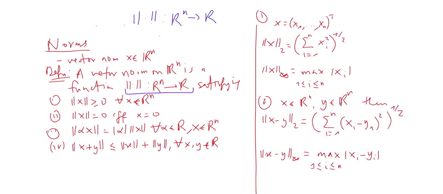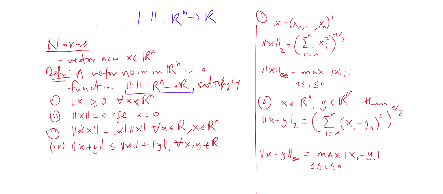The norm of a vector should be greater than 0 for every nonzero vector x in R^n, and the norm should be 0 if the vector is 0. The norm of a scalar times the vector is equal to the absolute value of the scalar multiplying the norm of the vector.